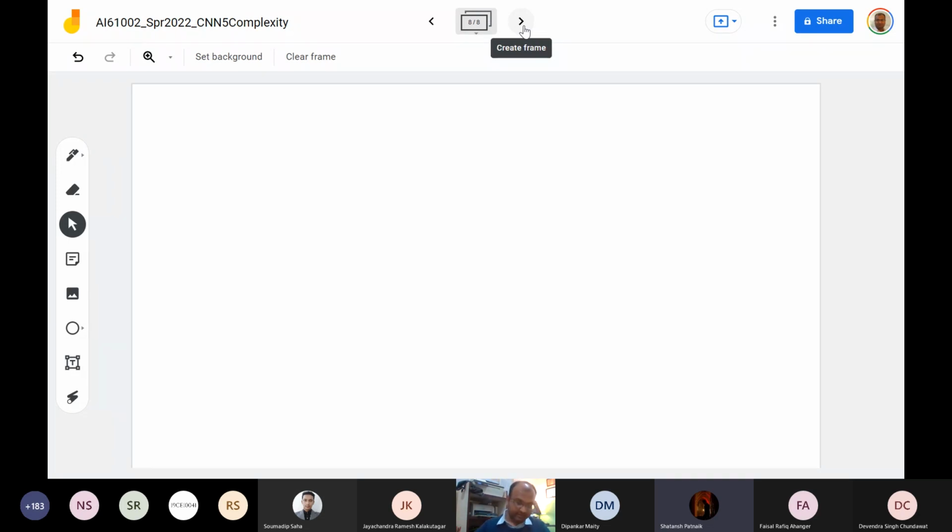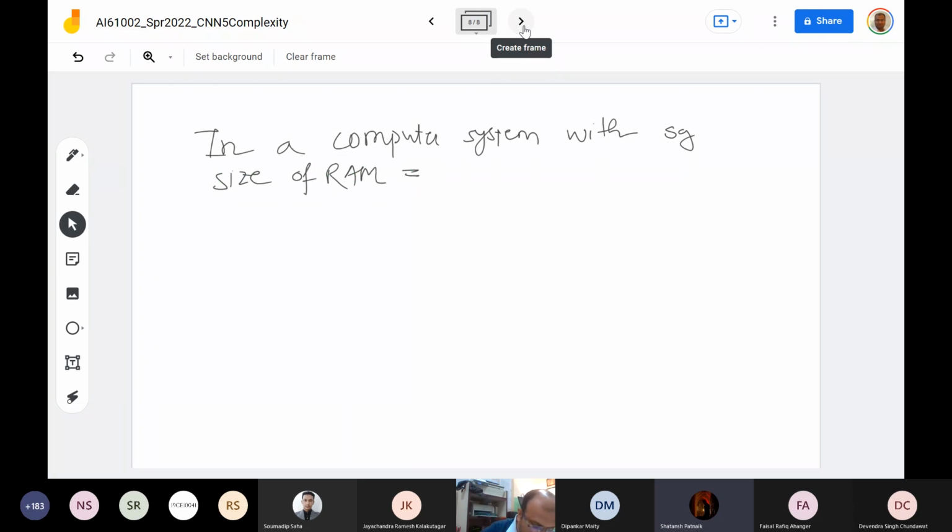So now if I come to this particular problem, in a computer system with some amount of memory, with say size of RAM equal to, tell me some size of RAM, 1 GB, 1 gigabyte of RAM.